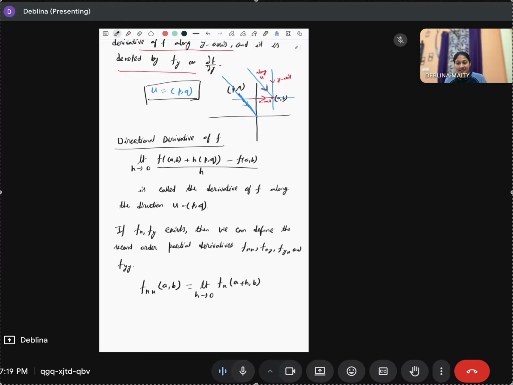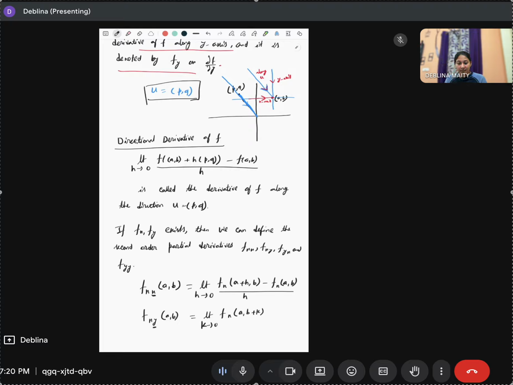Since this is xx, we are approaching fx at the point AB through x-axis. So fx of a plus h, b minus fx of AB, by h, right? Similarly, if it is fxy, then it is limit k goes to 0, fx of a, b plus k.